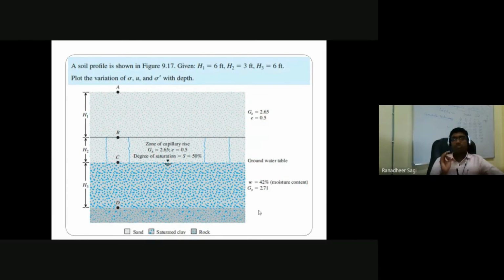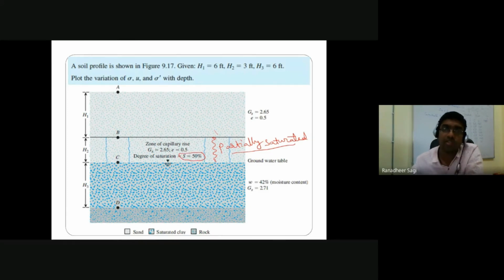Only 50% of the saturation is completed in that particular soil strata which is existing over your water table. Above your water table, in this particular zone, the soil is not fully saturated, rather it is partially saturated, and that condition is governed by your degree of saturation value, S is equal to 50%.